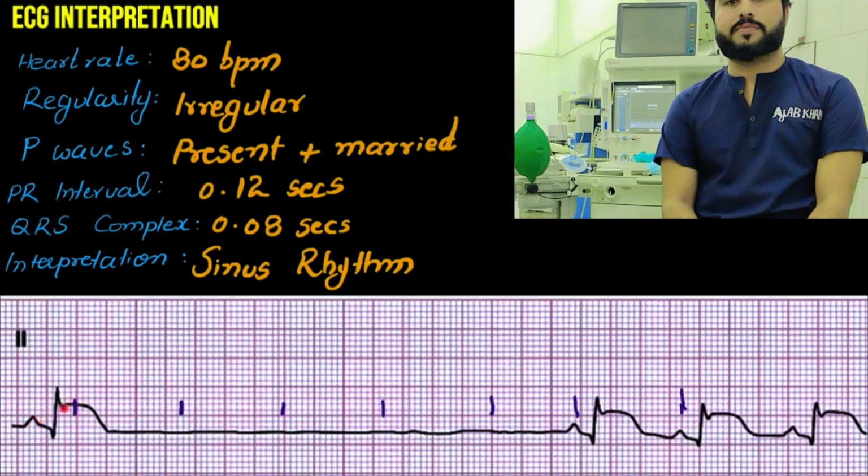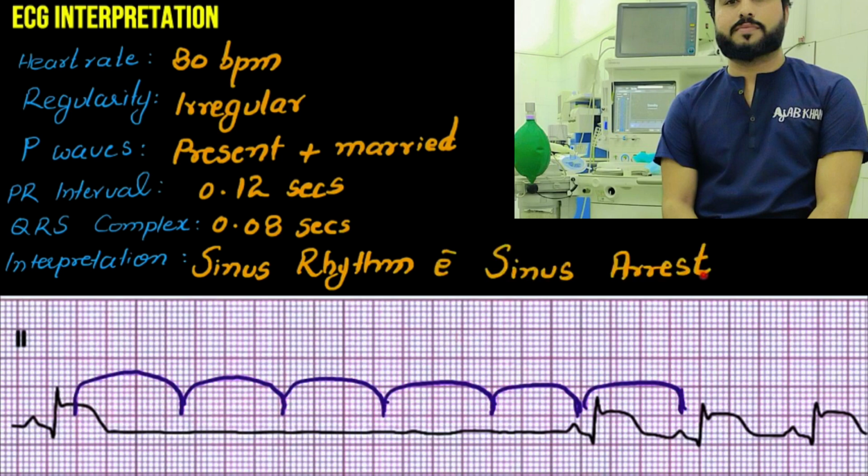So the P wave is not following the P to P interval. The P wave is not coming at the normal pace that we are expecting. So it is a sinoatrial arrest because it is not following the P to P interval pathway and more than 3 beats have been missed. So sinus rhythm with sinus arrest.